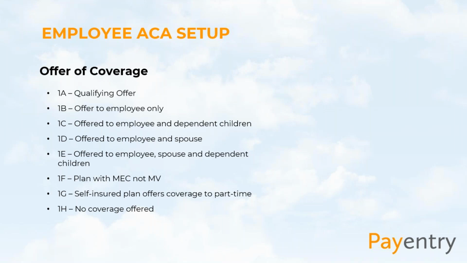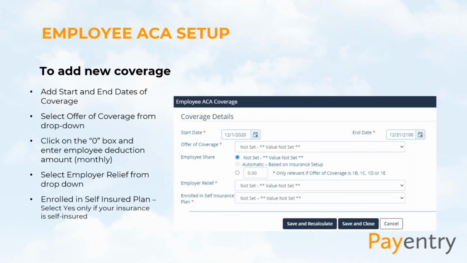Do not, on this ACA tab, to show what kind of coverage was offered, fill that out for part-time people. It's not required, and it's just a lot of extra work for you. So when you get to the employee ACA coverage, don't fill this out for part-timers. It is not required.